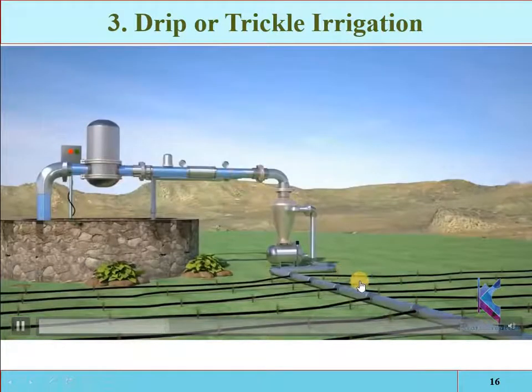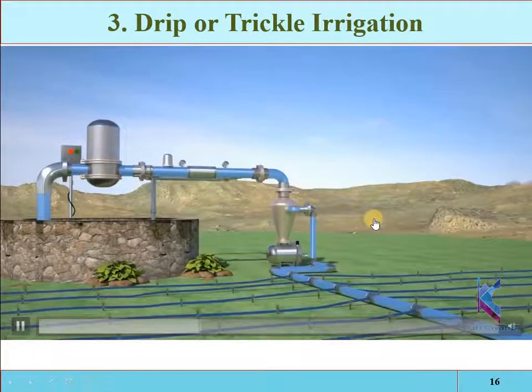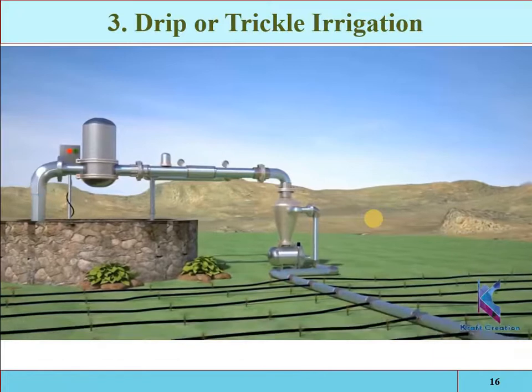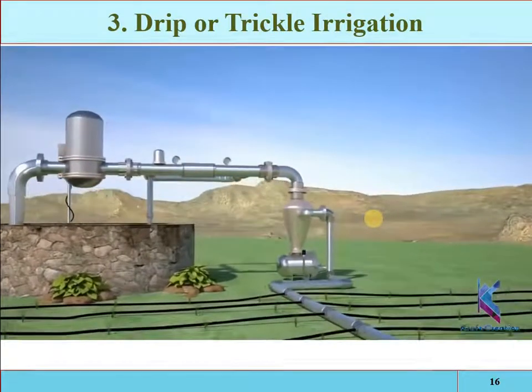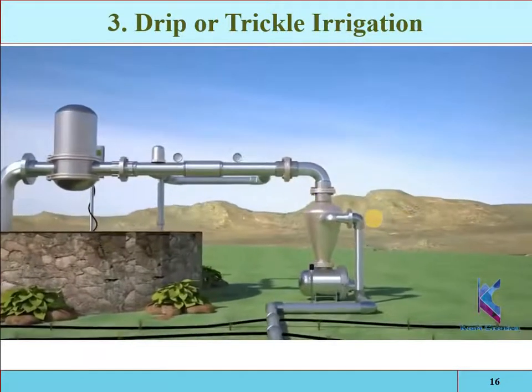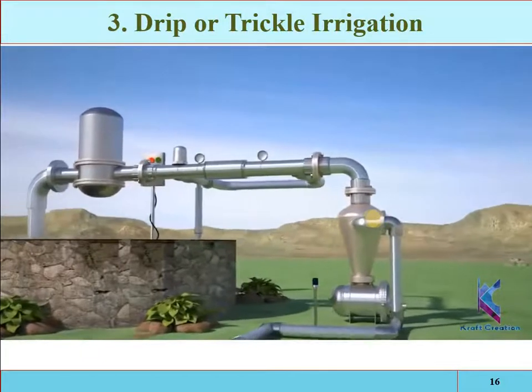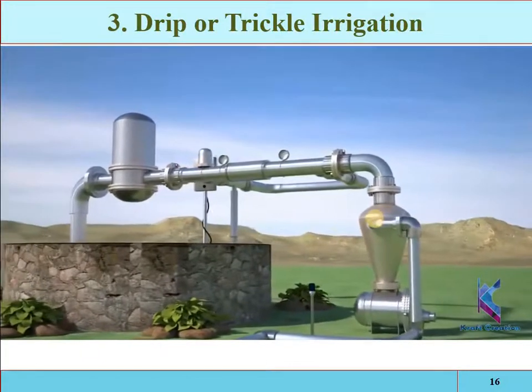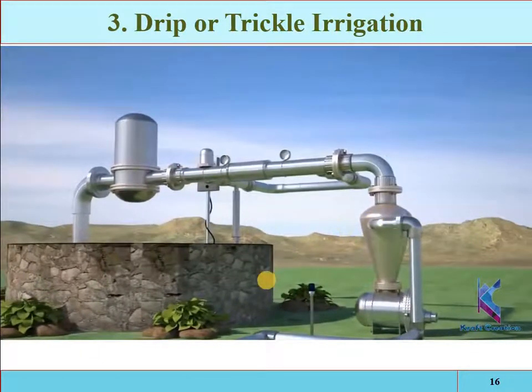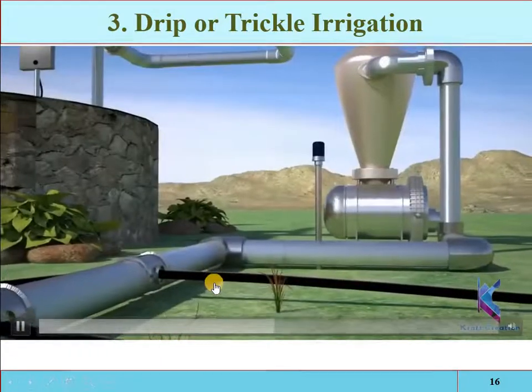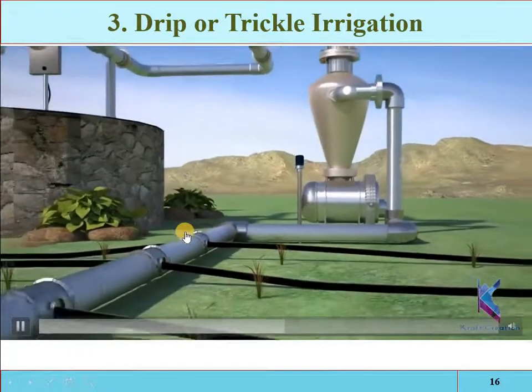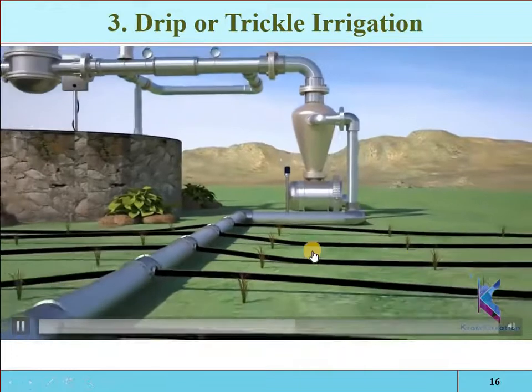Then we have the central distribution system, where the main pipeline is. Then we have the sub main line, which is carrying the water into individual emitters. So, main pipeline and sub main pipeline, and then we have the laterals, which we can say are the trickle lines, the drip lines.